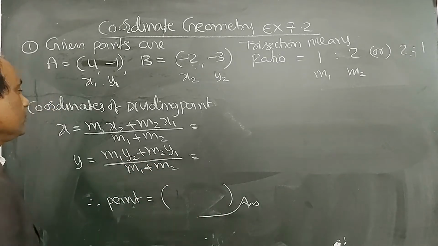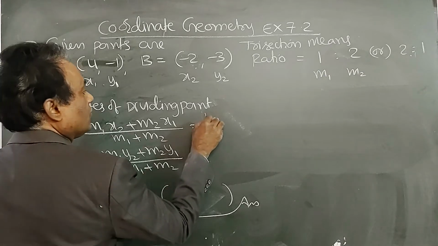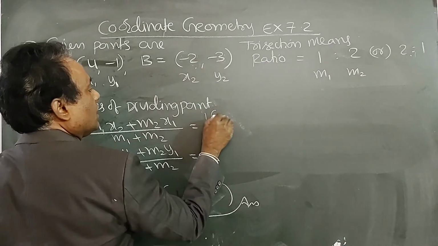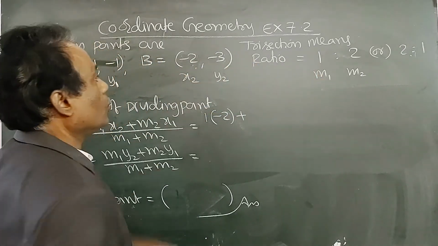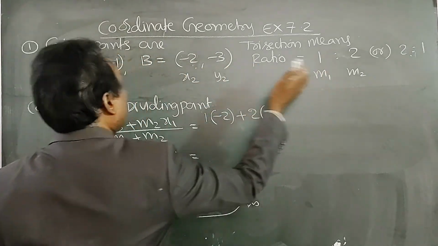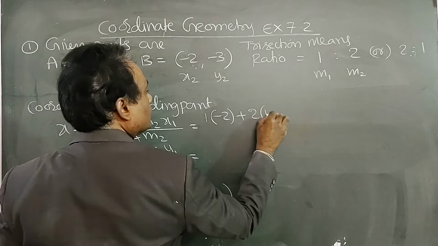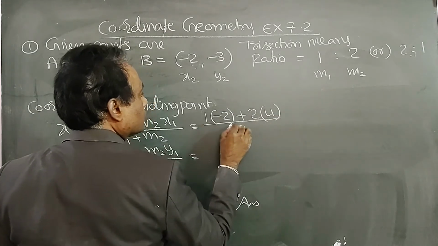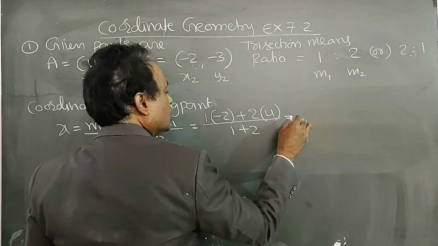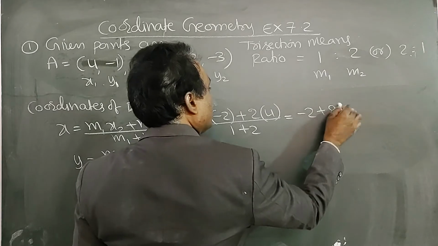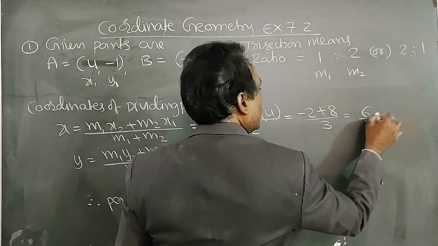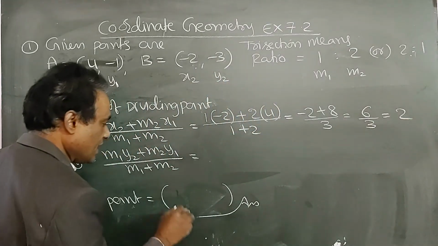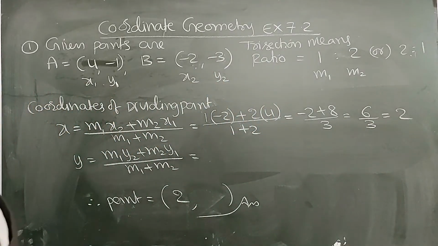Do it, students. m1 is 1 into x2 is minus 2, m1x2 plus m2x1. Minus 2 plus 2 fours are 8, 6 by 3 is 2. X value is 2.